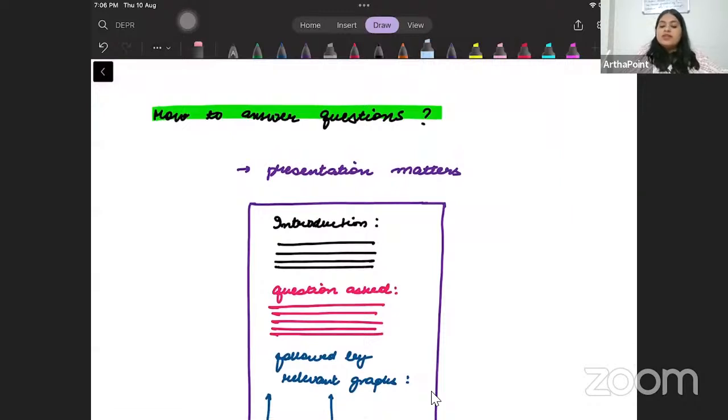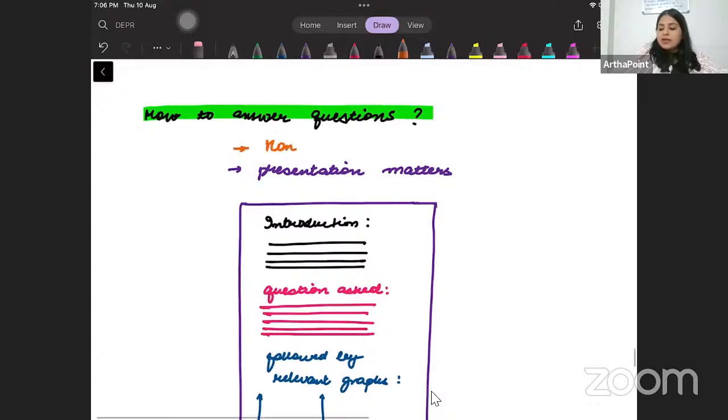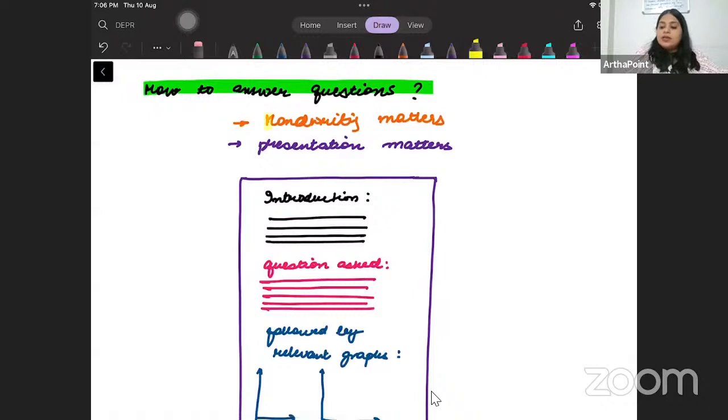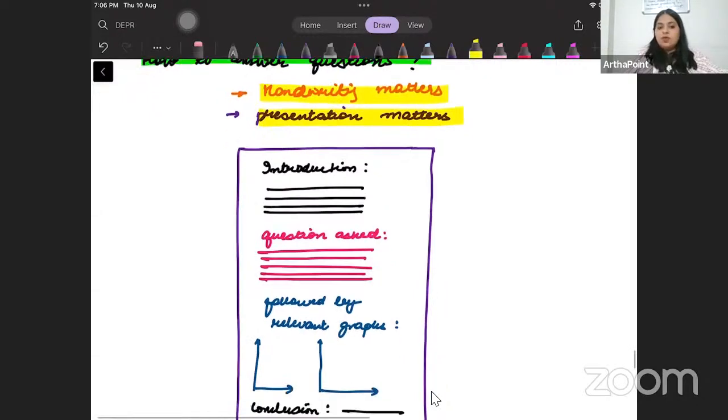So first of all, beta, this is a written paper. So believe me or not, but handwriting matters. You cannot write in a way which is not understood by the person who's checking your paper. So handwriting of your paper matters. Presentation matters. So have a look here.